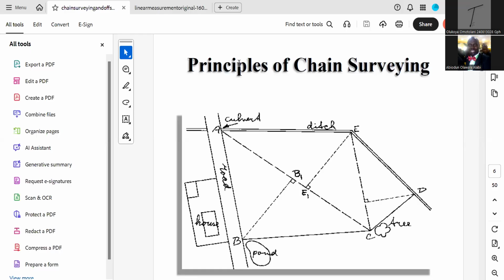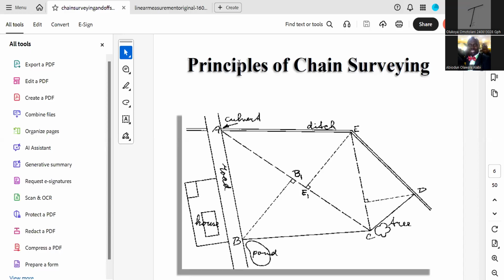I hope that is clear. Because in using my tie lines to locate the interior details like buildings, trees, electric poles, etc., I can use oblique offsetting or perpendicular offsetting to do that.